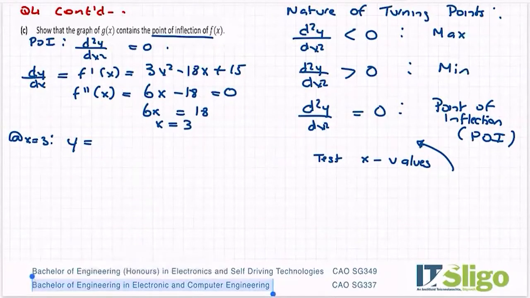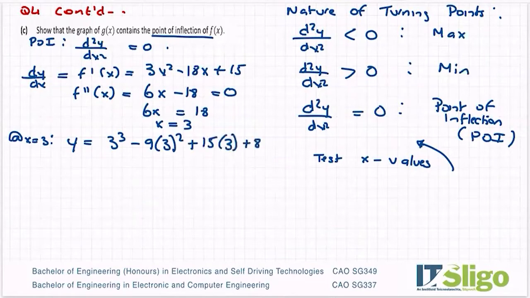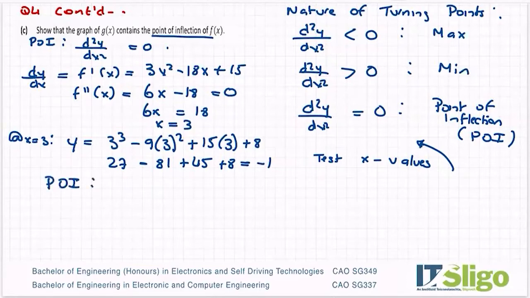So we have 3 cubed minus 9 times 3 squared plus 15 times 3 plus 8. So that's 27 minus 81 plus 45 plus 8, and that is equal to minus 1. So my point of inflection is occurring at (3, minus 1).